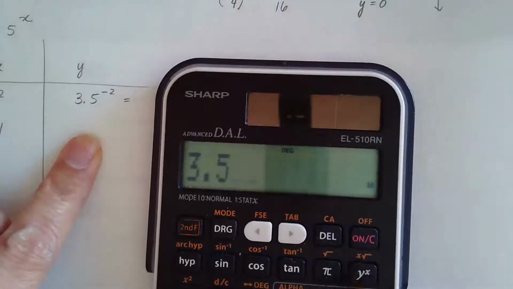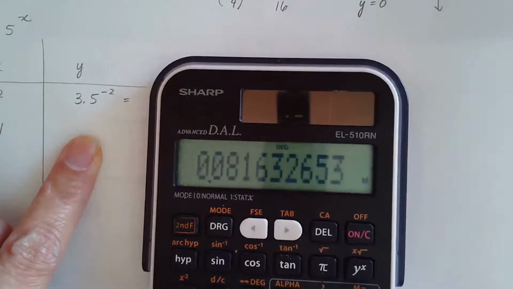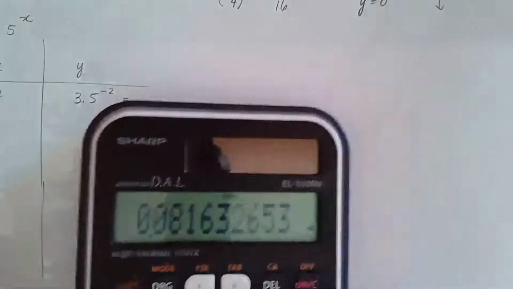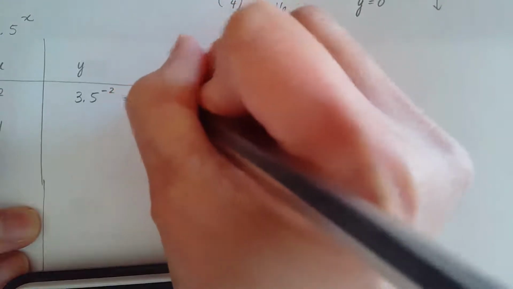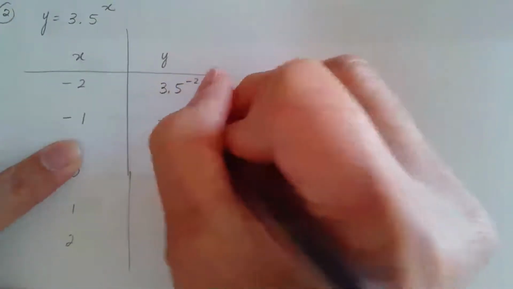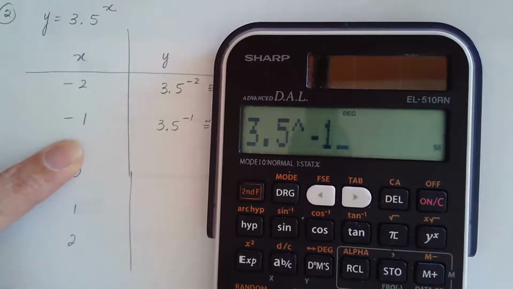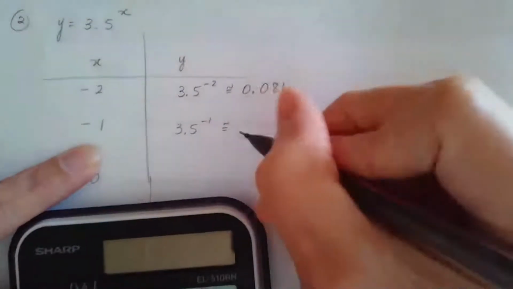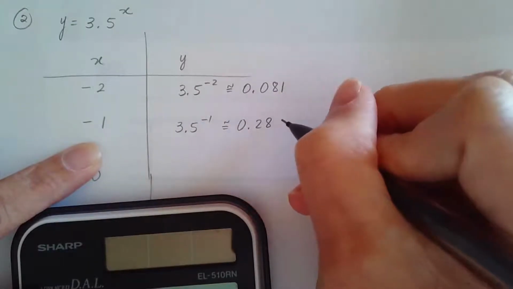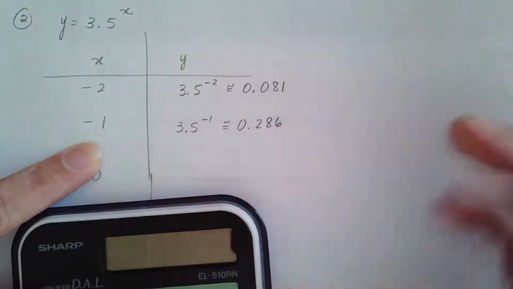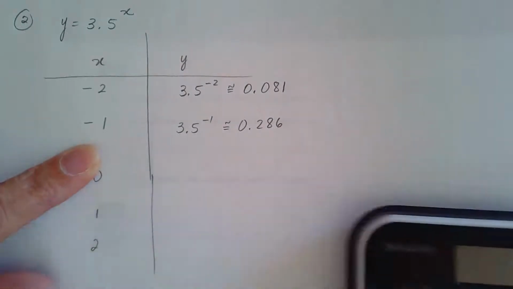So 3.5 to the exponent negative 2 is going to give us approximately 0.081. 3.5 to the negative 1 is going to be approximately 0.286, rounding it off to 3 decimal places.